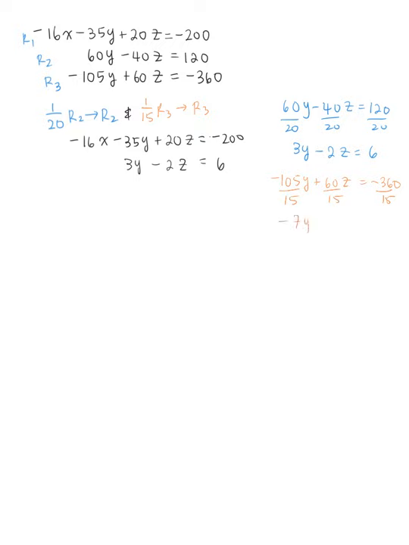Negative 7y, and then plus 4z equals negative 24. All right, so let me rewrite the third row as negative 7y plus 4z equals negative 24, and I want to cry. All right, no, we do not give up.